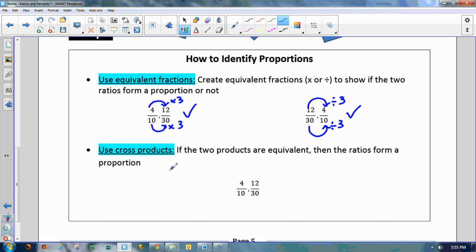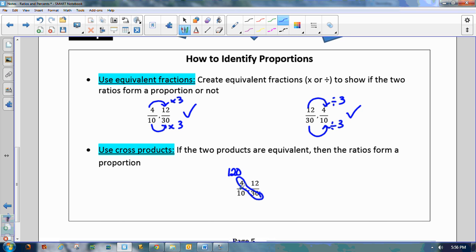The second way that we can identify proportions is using cross products. This says that if the two products are equivalent, then the ratios form a proportion. Now remember, cross products are when you multiply the bottom of one fraction with the top of the other fraction. So here I'm going to multiply 4 times 30. 4 times 30 is 120.